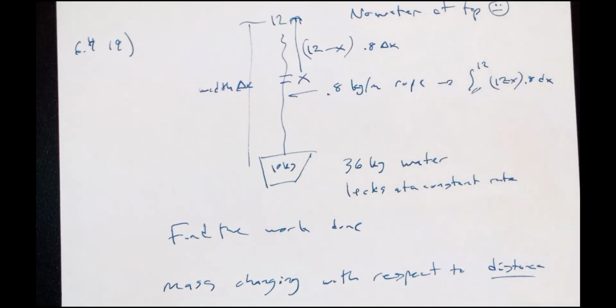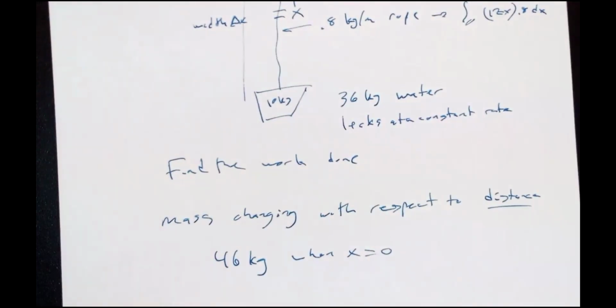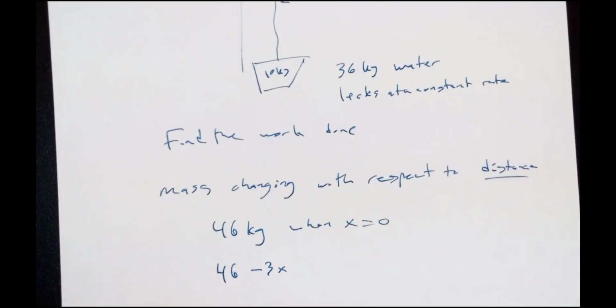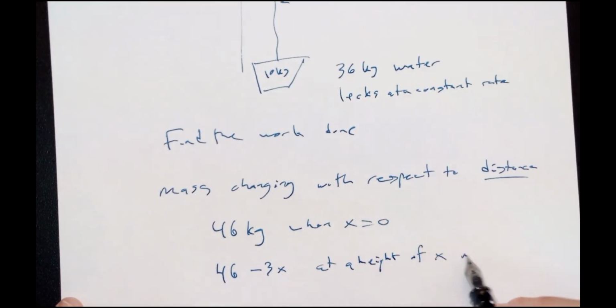So I'm going to say, oh, I start with this much weight in the bucket, and I lose that much for every meter I go up. So that's the mass of the bucket, right?